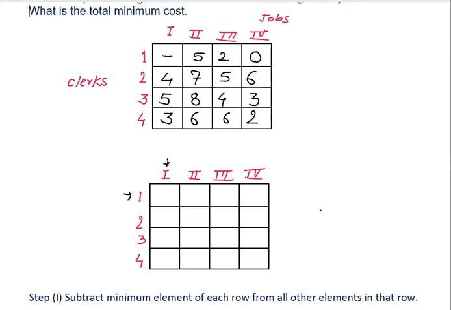This can be solved by taking a very high assignment cost for this assignment. So we take C11, this cost, as infinity, and other costs we write as they are.